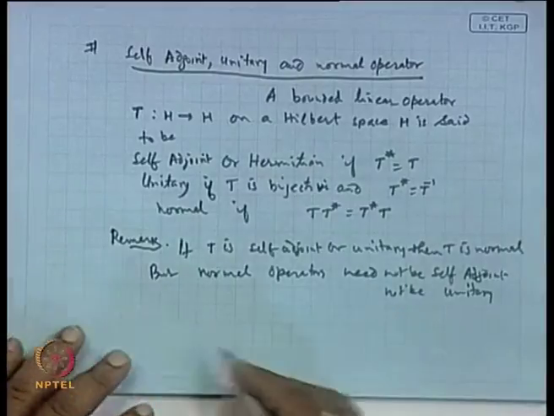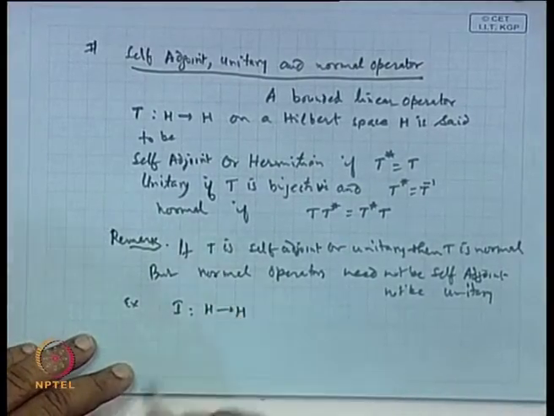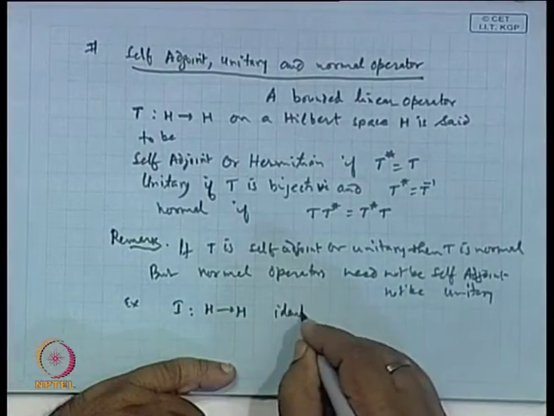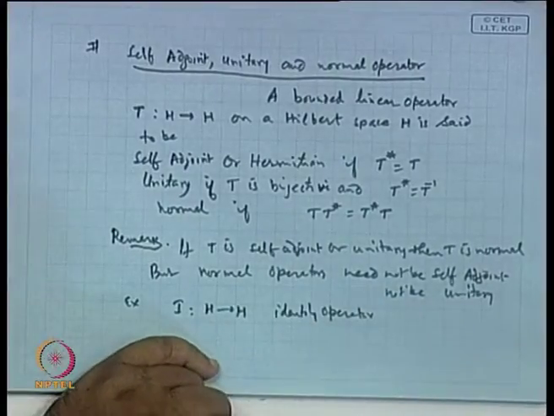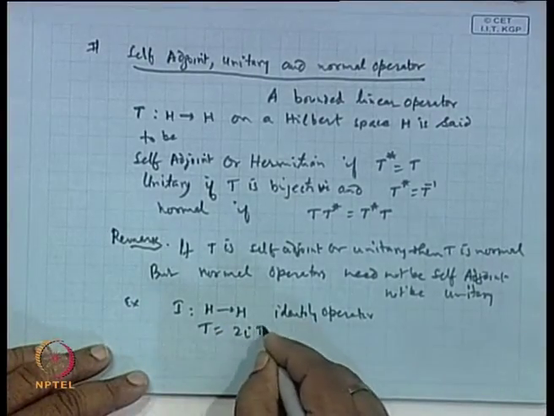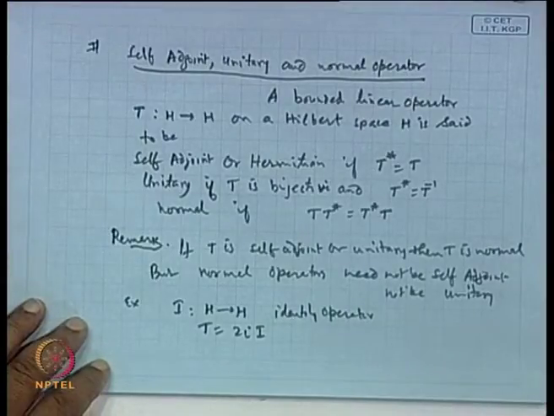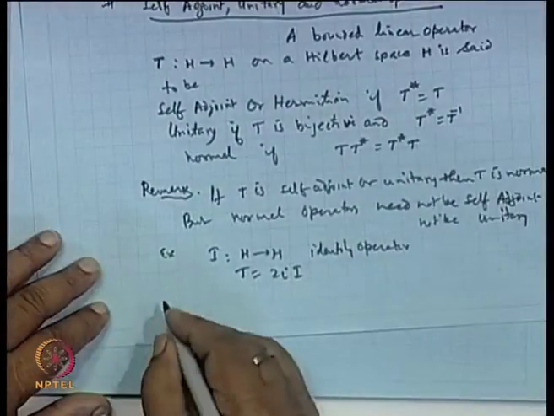For example, consider the identity operator I from H to H, and consider T equal to 2i I. Then what we claim is T is normal.